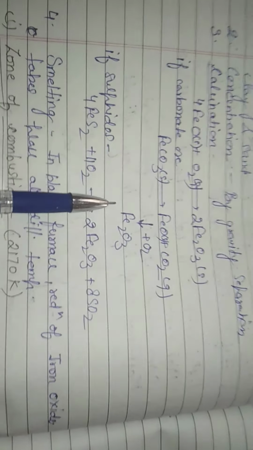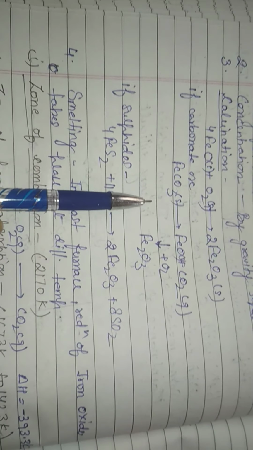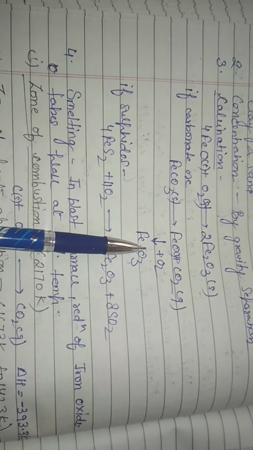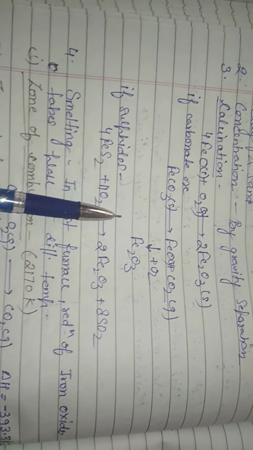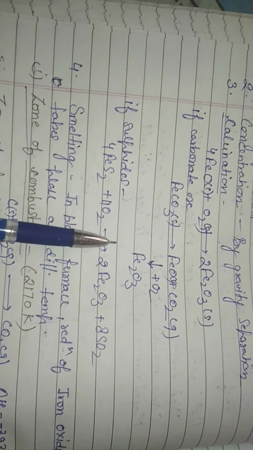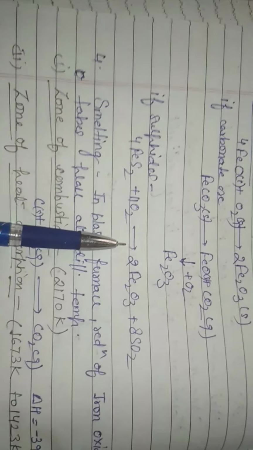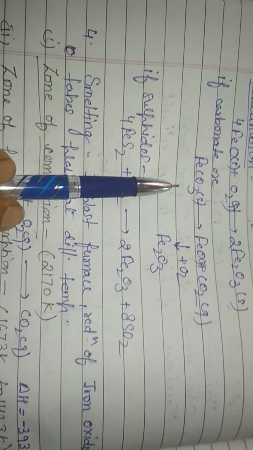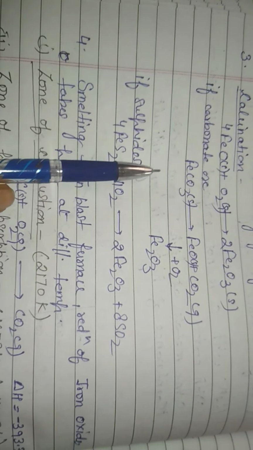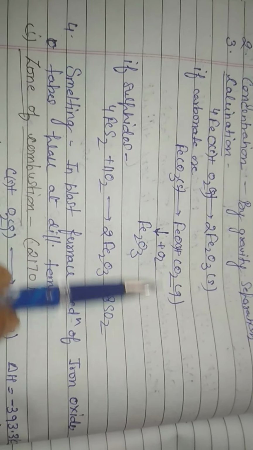Similarly, as we are taking the oxide ores, in case of oxides the moisture is removed. If we take the limonite ore, which is the hydrated one, water molecules are removed and the ore becomes porous. If we are doing the extraction from FeCO3, that is siderite ore, it is converted into its oxide and carbon dioxide is removed.